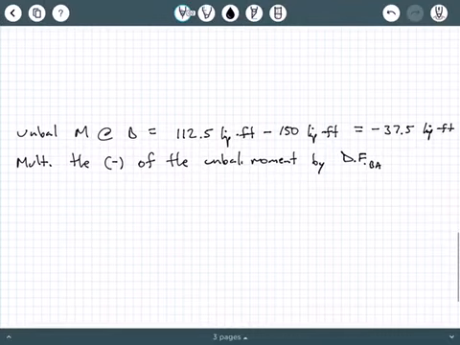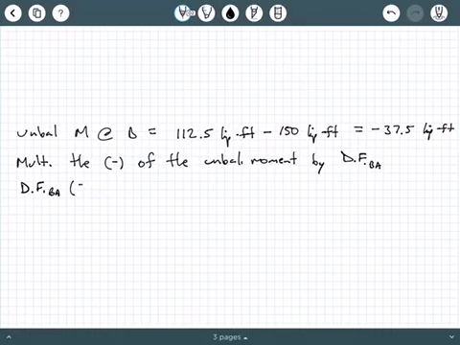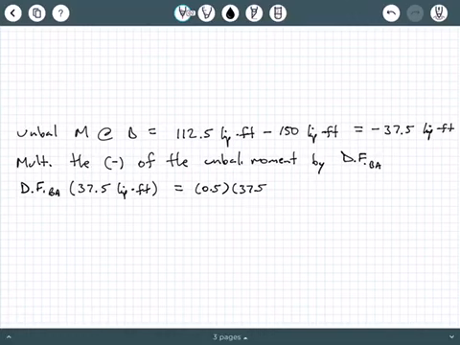So, trying to scroll here. So what we have is distribution factor BA times the negative of that 37.5, which is positive 37.5 kip feet. And distribution factor BA is 0.5 times 37.5 kip feet, which gives us a positive 18.